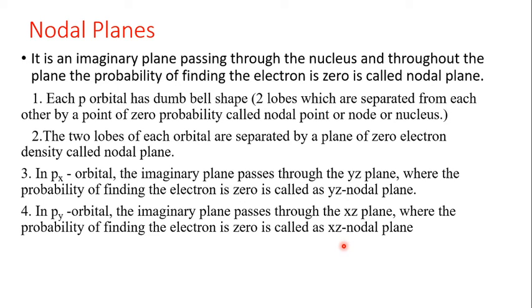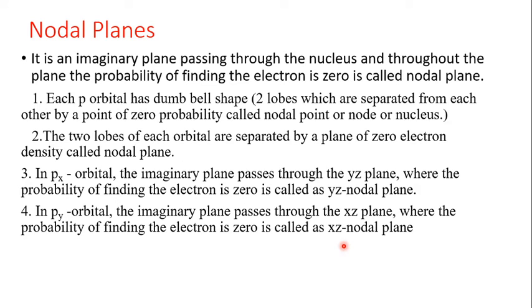The next and last point of this chapter is nodal planes. What are nodal planes? We have seen the radial node, angular node, total node. From that we know that a node is the point at which the probability of finding the electron is 0.